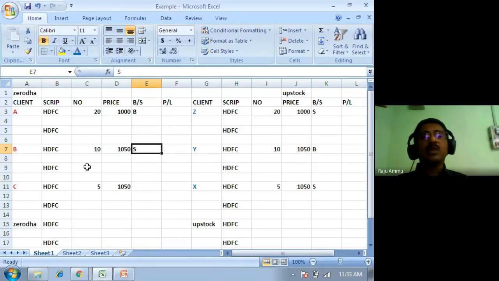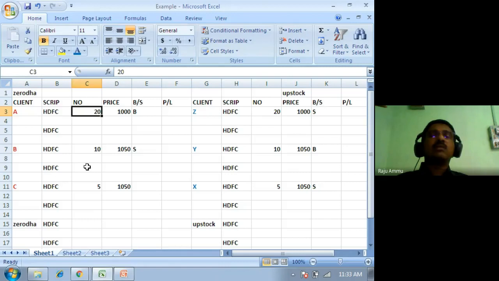Friends, the client A, who has transacted with 20 shares, buy position at 1,000 rupees.